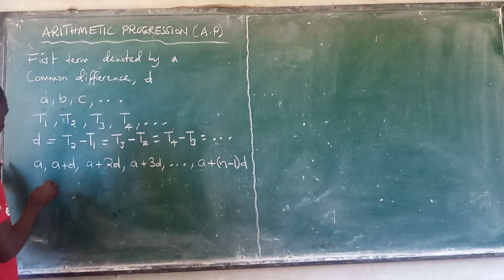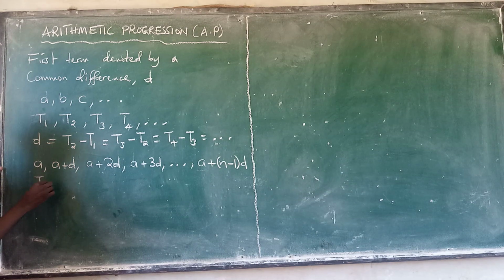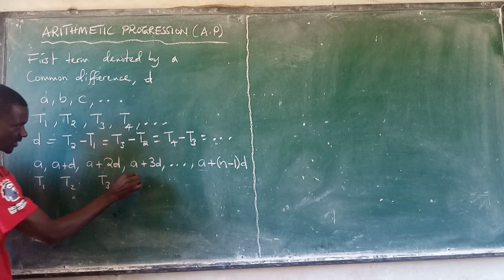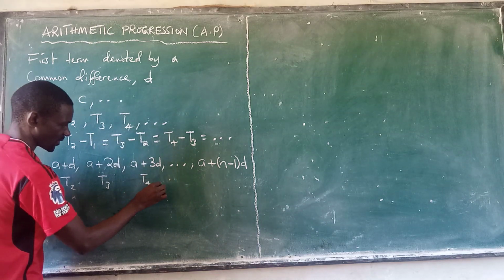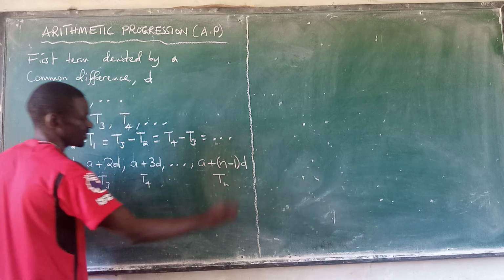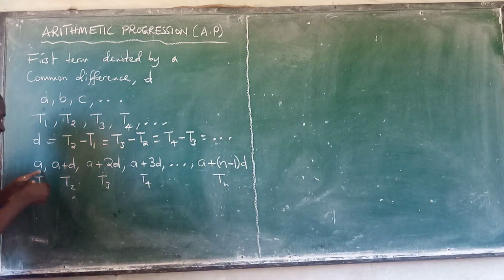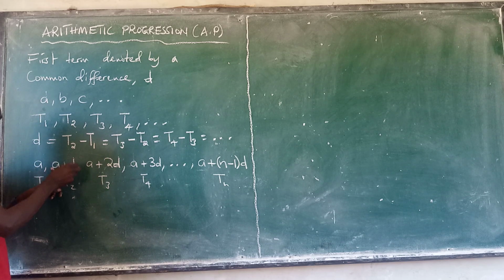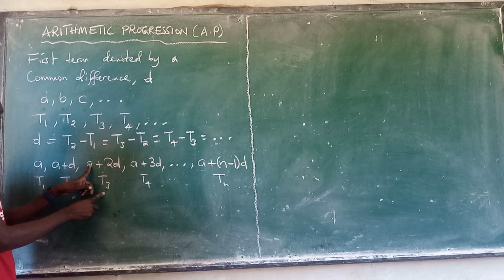So this is T1, this one is T2, T3, T4, and then the last one here is Tn. So if you observe, the first term, it's just A. The second term is A plus D. Now there is a single D here. Here A plus 2D, and yet it is T3.